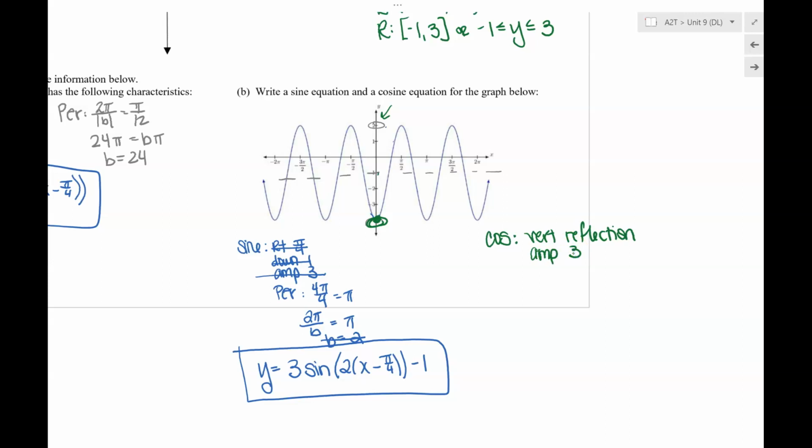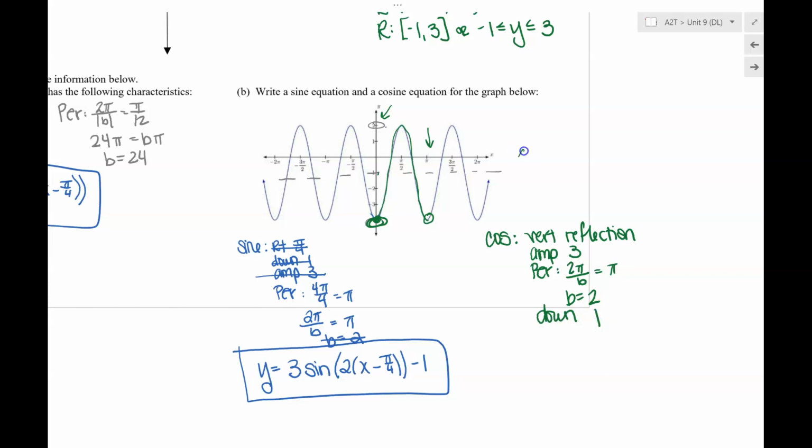Cosine and sine have the same period, but let's just make sure if I go up and then I go down, that's where I'm going to start again. So my period, which is normally 2 pi, is now pi, which again, yes, the b value is going to be 2. I don't shift left or right, but I definitely did shift down 1.